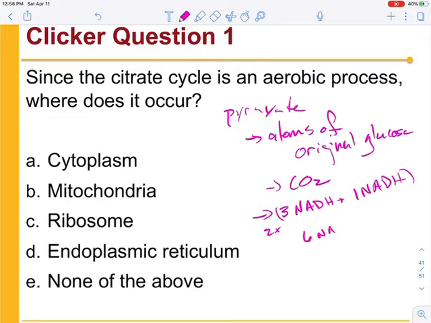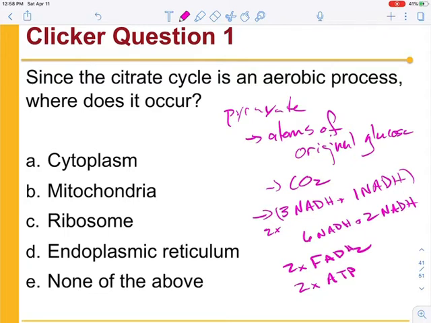So here's 6 NADH plus 2 NADH. We've generated 2 times FADH2 in the citric acid cycle and 2 times ATP in the citric acid cycle.